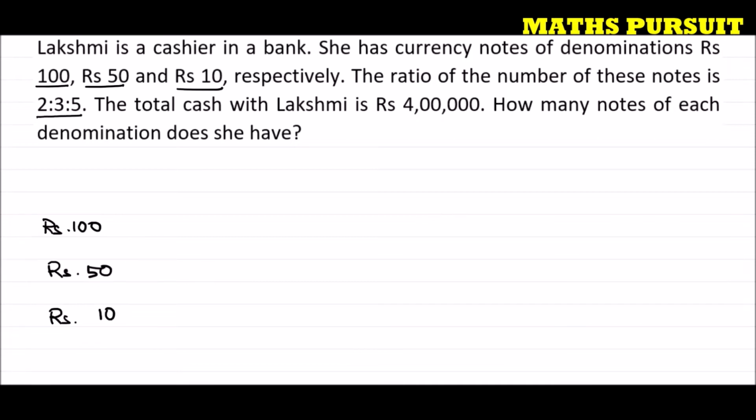As a cashier, Lakshmi is having rupees 100, rupees 50 and rupees 10 notes with her. And we do not know how many rupees 100 notes Lakshmi is having, how many rupees 50 notes, and how many rupees 10 notes. Only the ratio of the numbers of these notes is given.